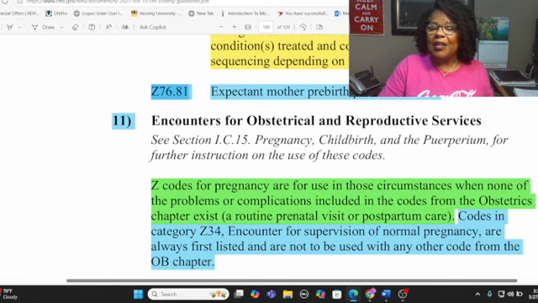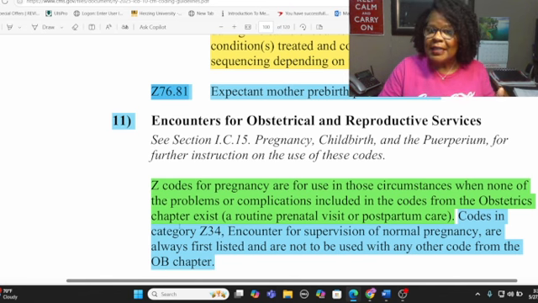So codes in category Z34, Encounter for Supervision of Normal Pregnancy, are always first listed and are not to be used with any other code from the OB chapter. So again, they're just coming in for their monthly visits. Nothing's wrong, therefore it's going to be a Z code, a Z34.